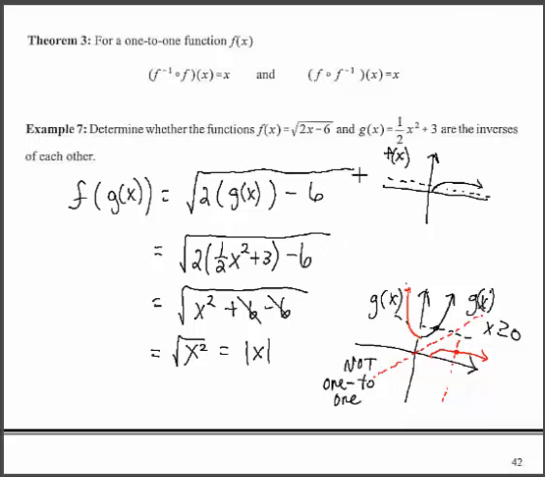Really we wouldn't even have to consider the composite of g and f. This could still work out to give us an x, but the opposite order does not give us an x, it gives us an absolute value of x. So f and g are not inverses of each other.